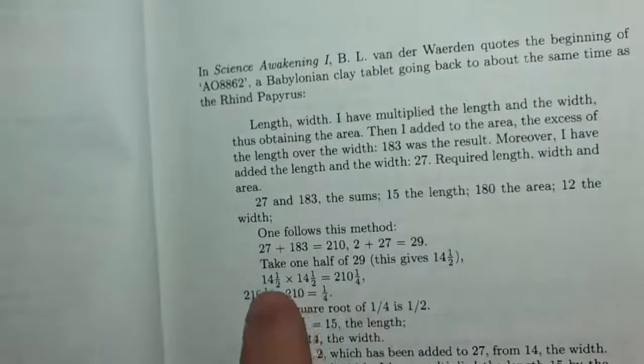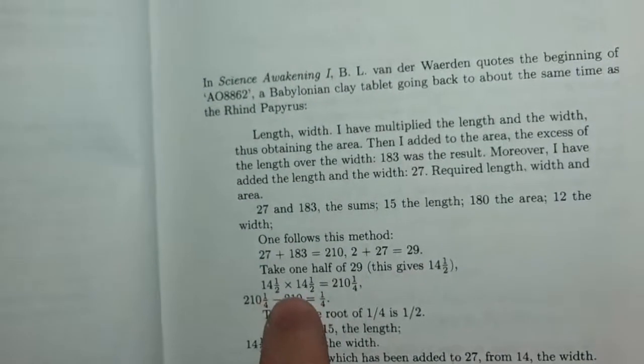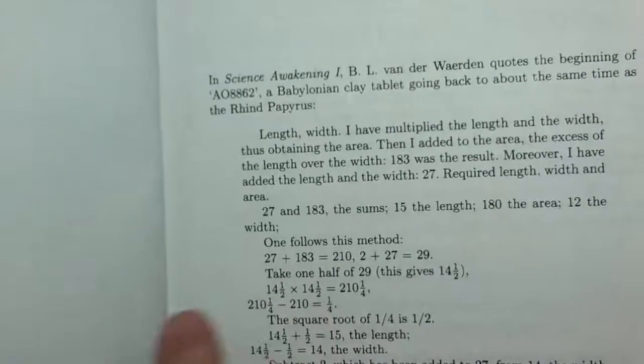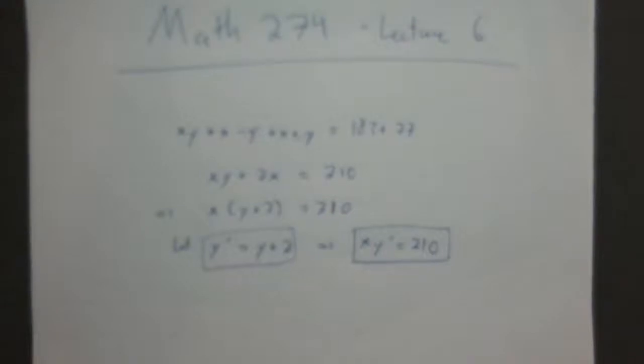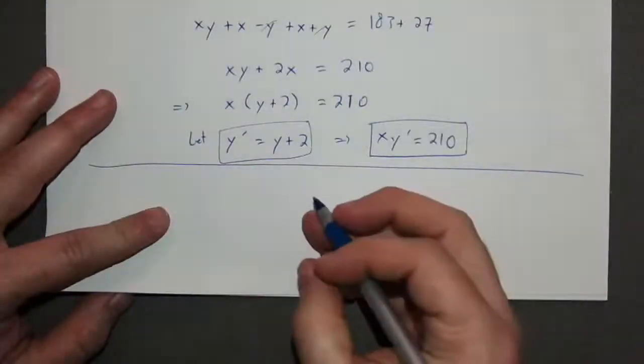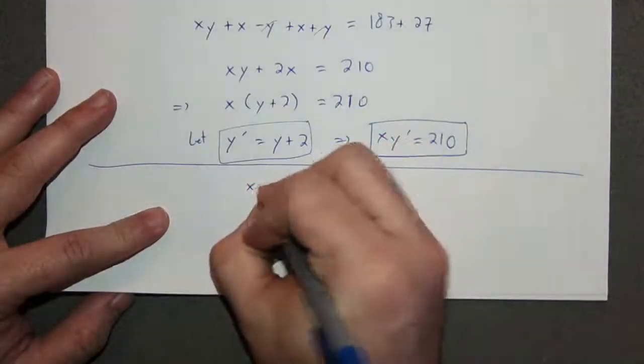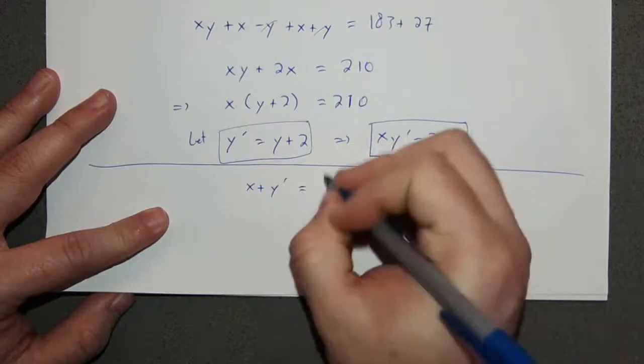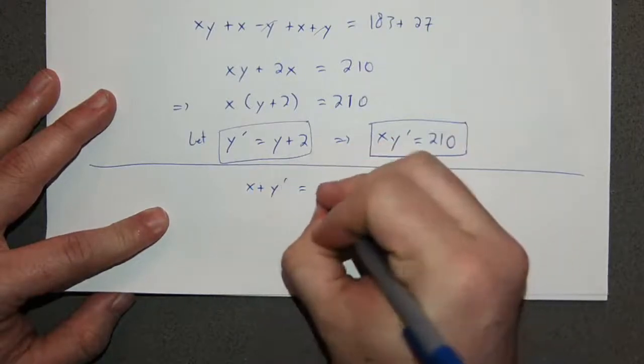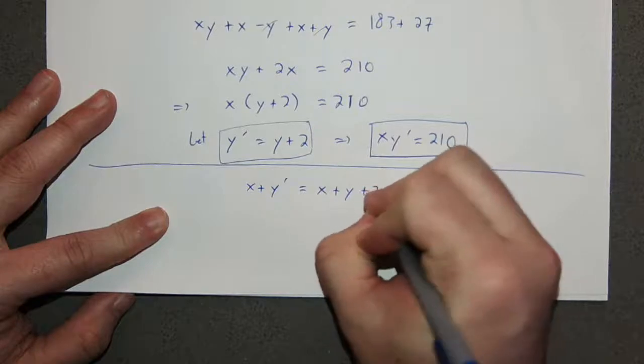Going back to the previous page, this is what the scribe is doing here when he's squaring 14 1/2. So, going back to the computation here. So what's going on is that we have x plus y prime is found to be, since y prime is y plus 2, this is x plus y plus 2.